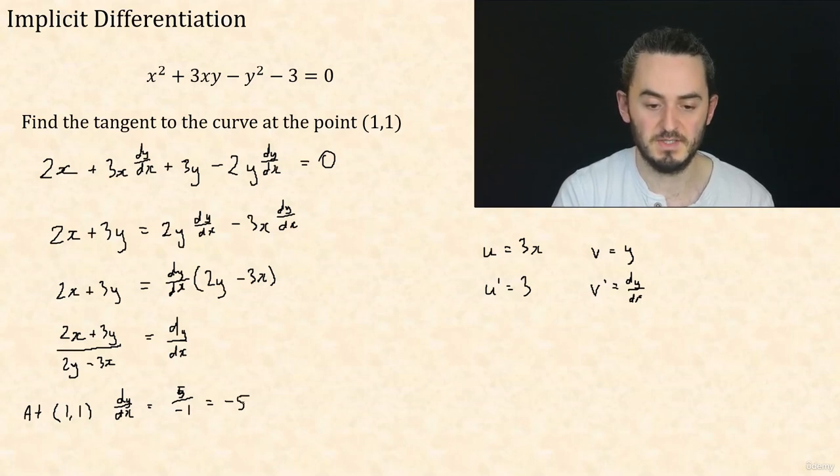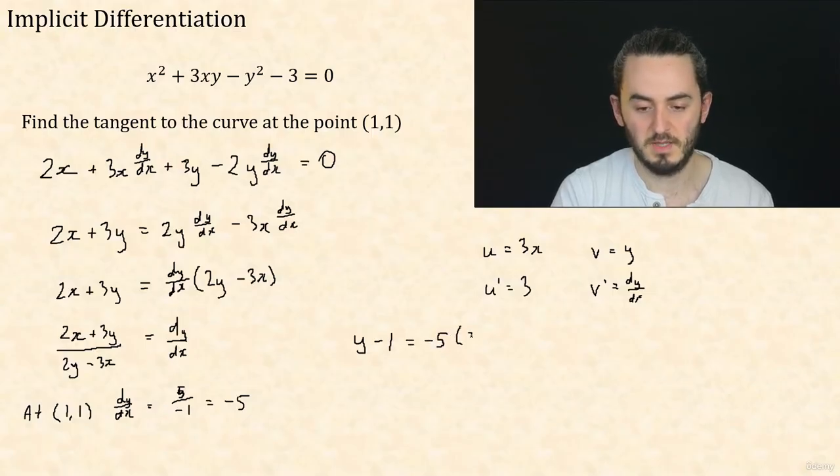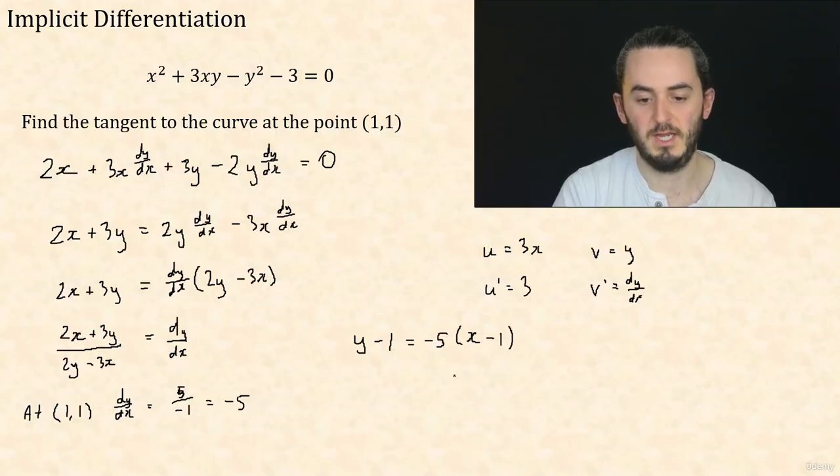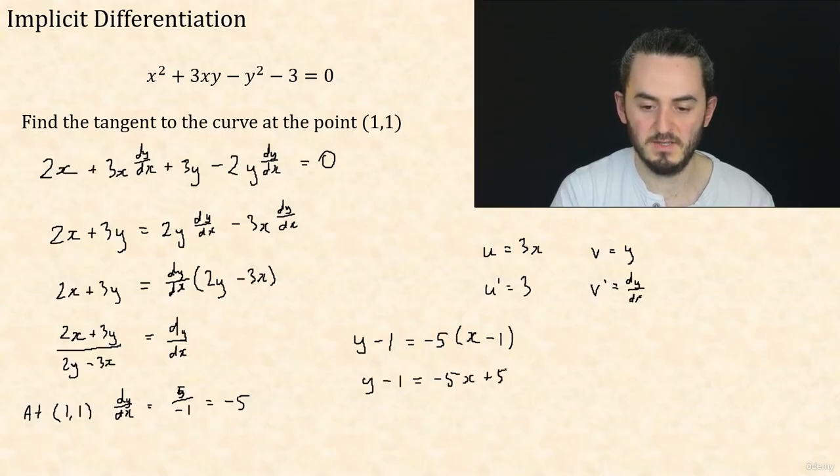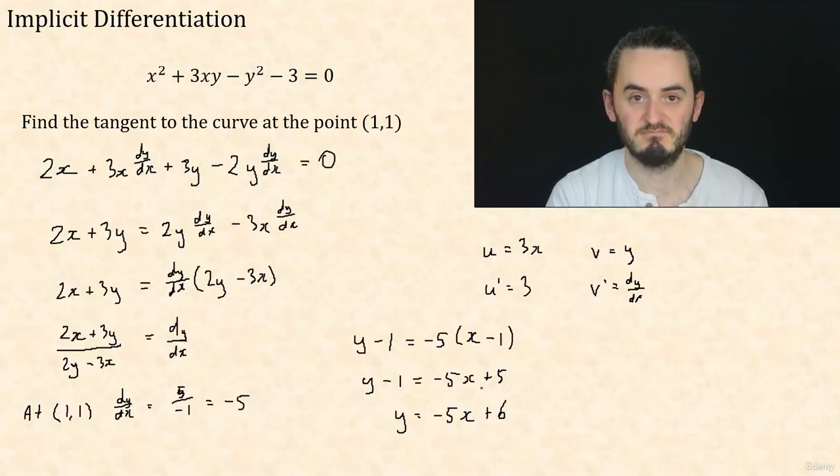And now it's as easy as saying I've got my gradient to my point. So it's y minus the y value equals the gradient times x minus the x value. So y minus 1 equals minus 5x plus 5. And that means that y is minus 5x plus 6.